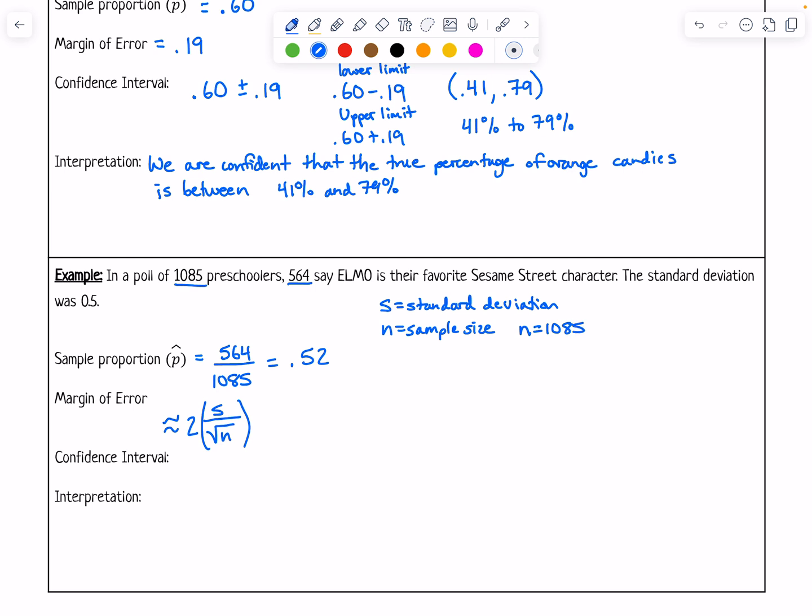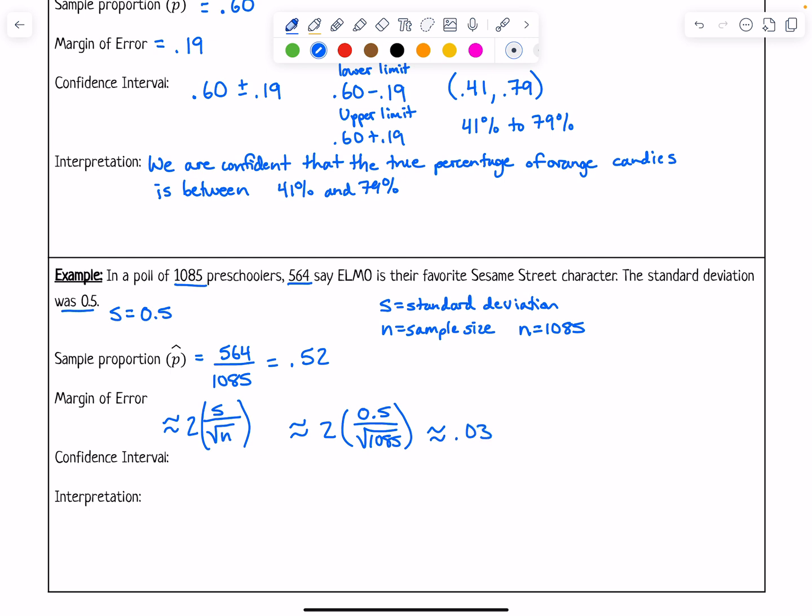Let's put this together now. Our margin of error is approximately 2 times our standard deviation, which they told us was 0.5, divided by the square root of our sample size, 1,085. If you type all that in your calculator, you get approximately 0.03.